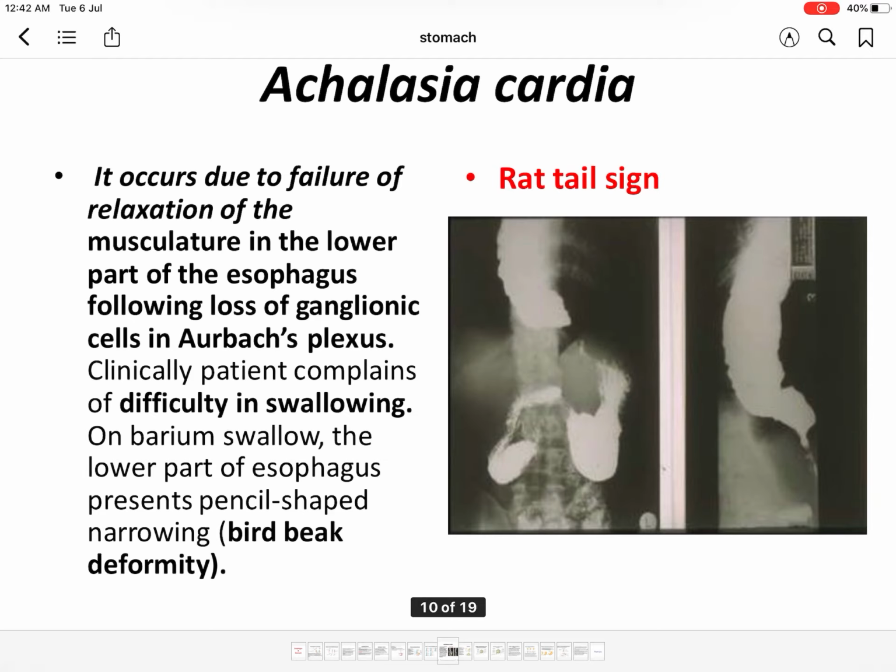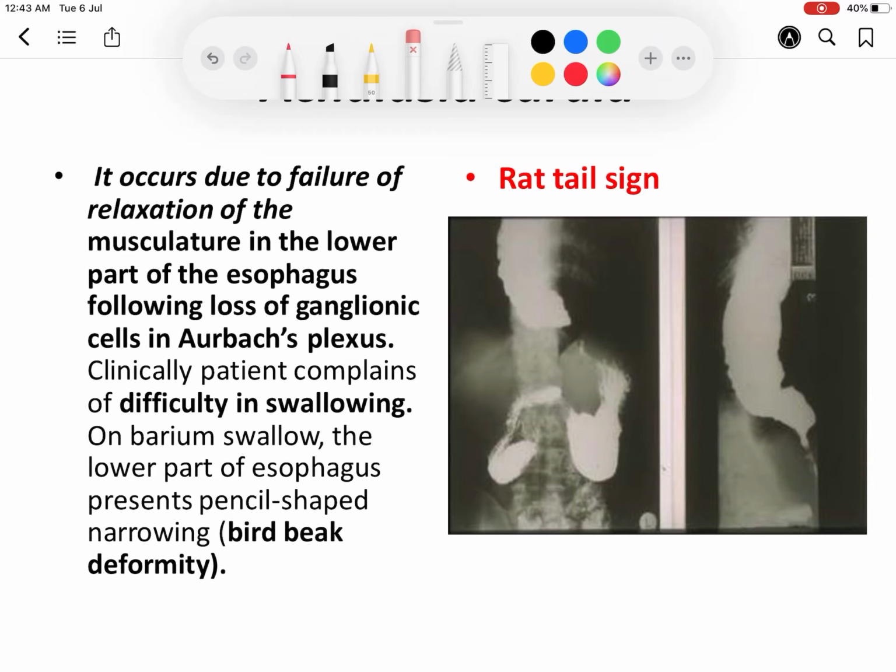How will the patient present clinically? The patient will complain of difficulty in swallowing, and on barium swallow, the lower part of the esophagus presents a beak shaped narrowing or bird beak deformity, also called rat tail sign.